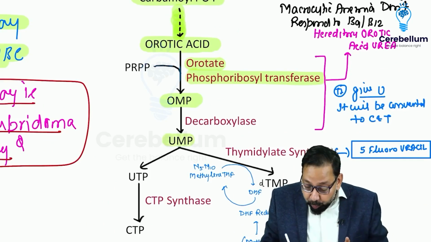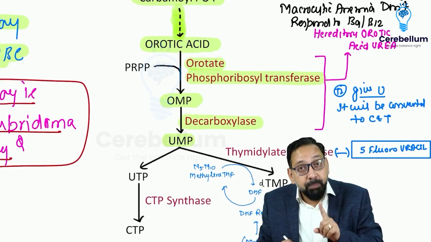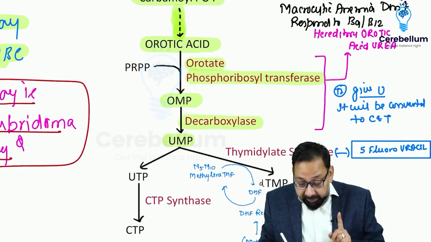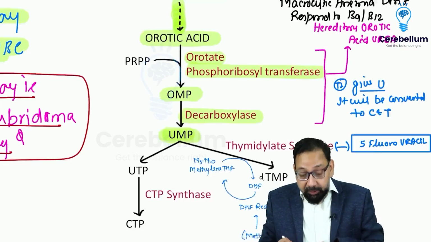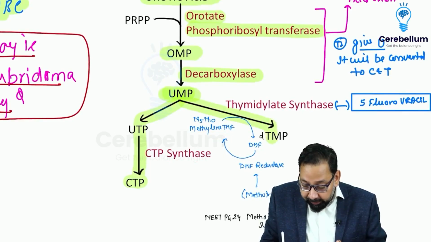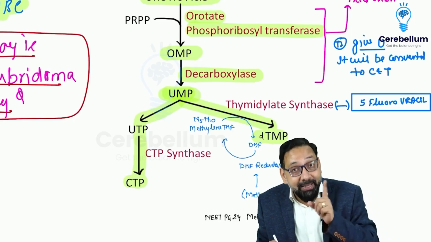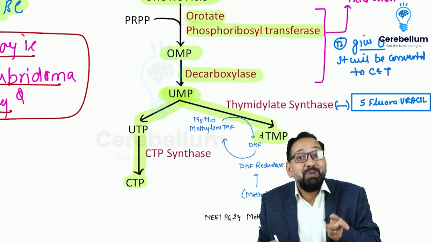OMP is converted to UMP by decarboxylase. The first pyrimidine nucleotide synthesized is U, and this U is further converted to C and T. You know that T is present in DNA, so it should be deoxy.